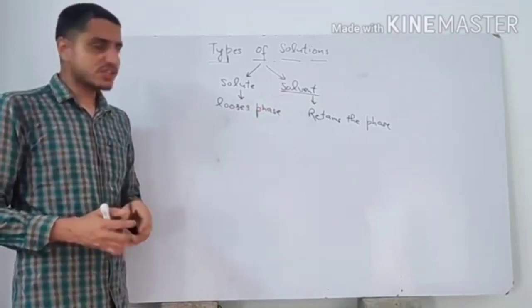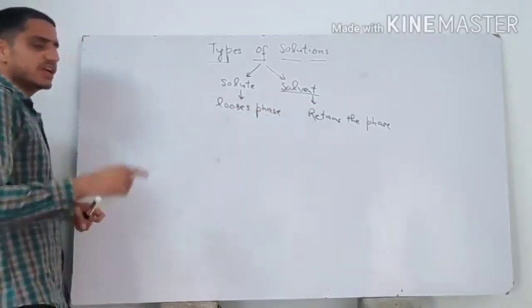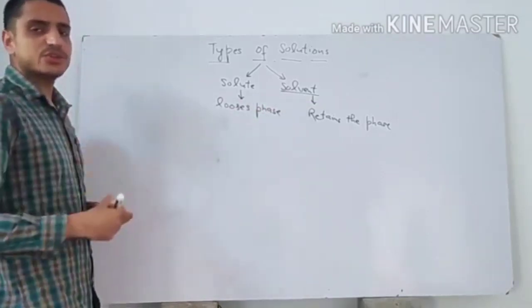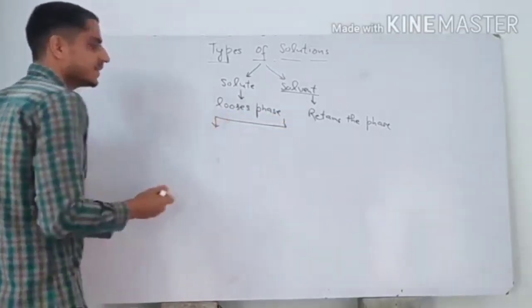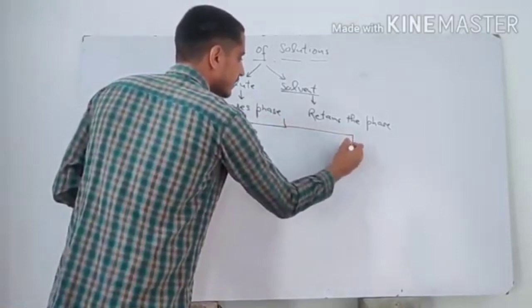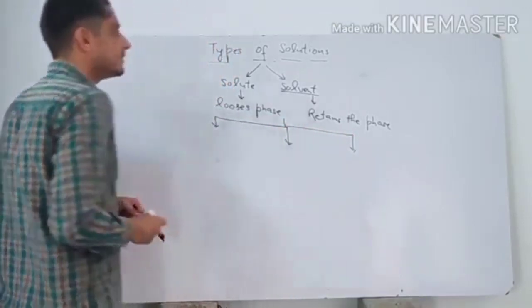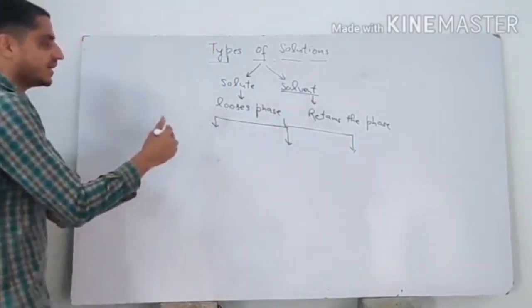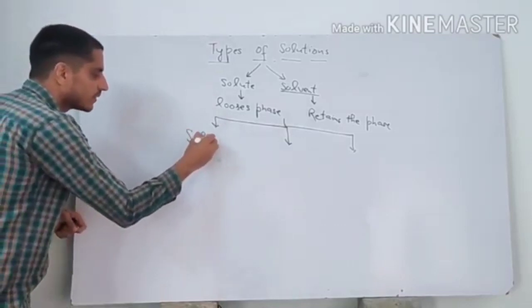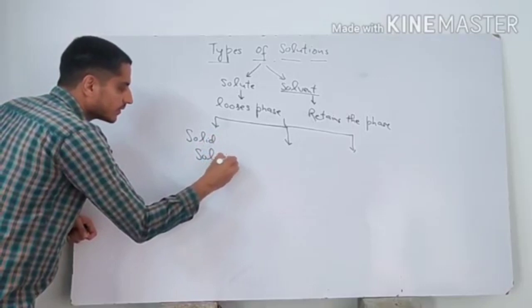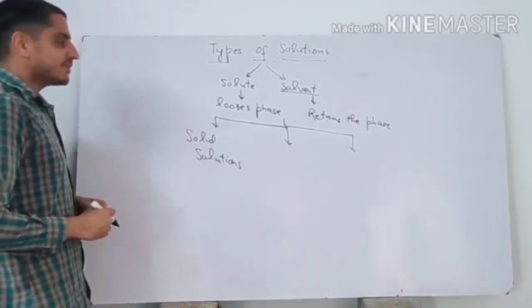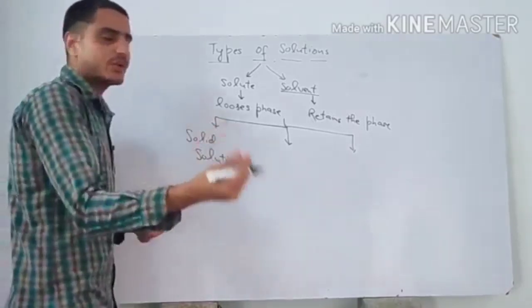Now we will discuss about the types of solutions. There are three types of solutions: solid solutions, liquid solutions, and gaseous solutions. Three types of phase will be there. One are solid solutions. The second type of solutions are liquid solutions.